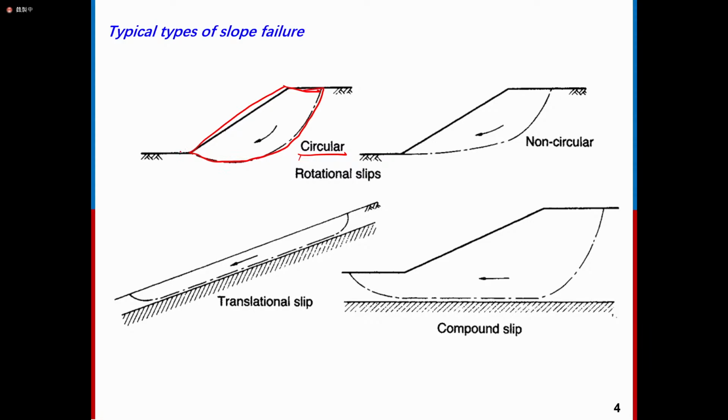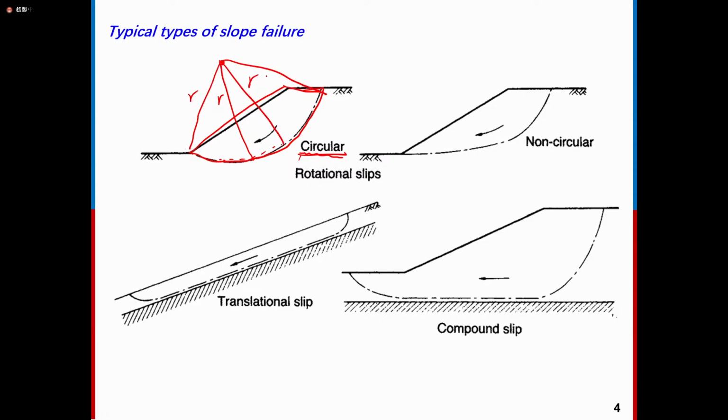In between, we have a failure surface between this mass and the ground, and we assume it has a circular shape. So we have one rotation center, and any point on this surface has a distance to the rotation center that is always equal to r. They are the same.